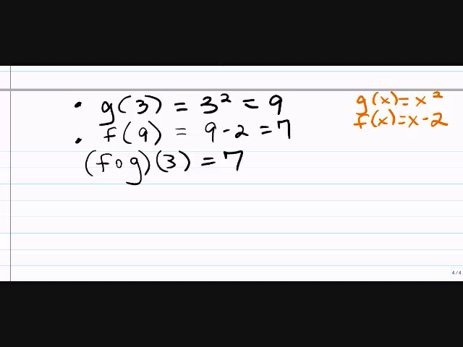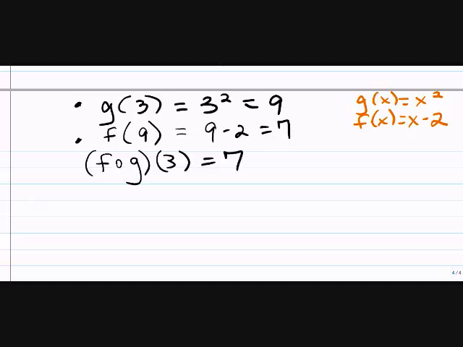So when I evaluate f of g at 3, first I square the 3, I put it into the g function, I get a 9 out. Now I take that 9 and I put it into my f function, which was x minus 2, so 9 minus 2 is 7. We'll do this again.